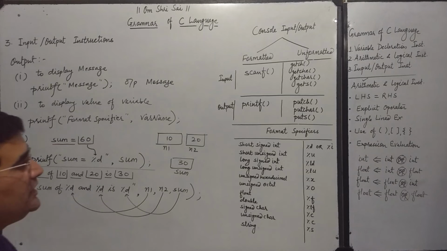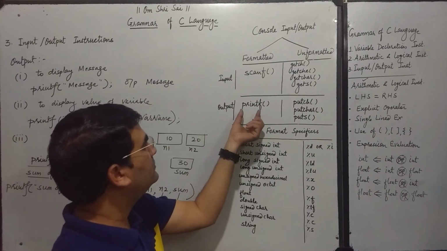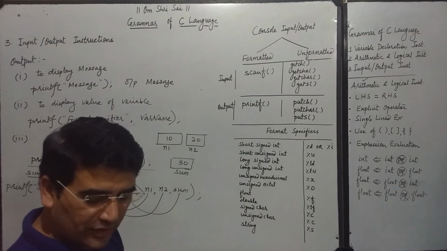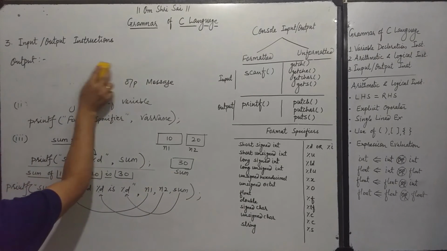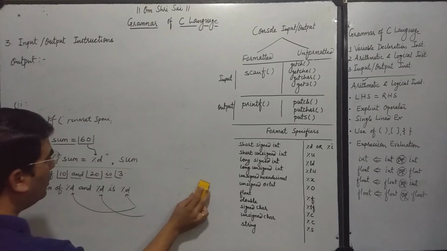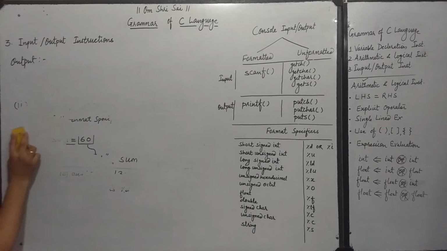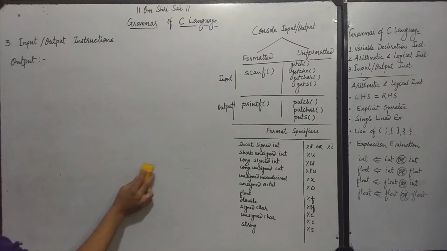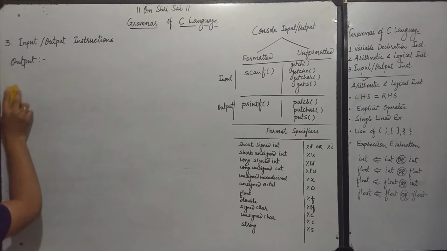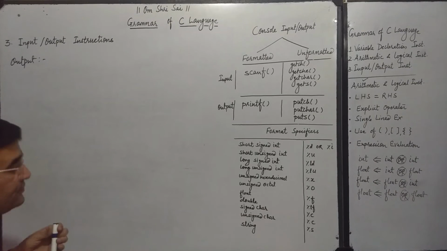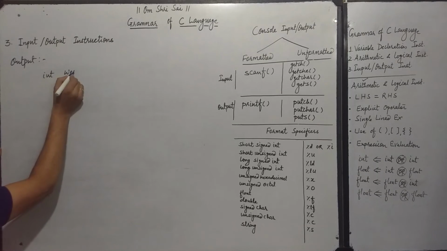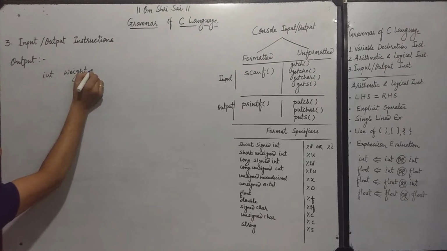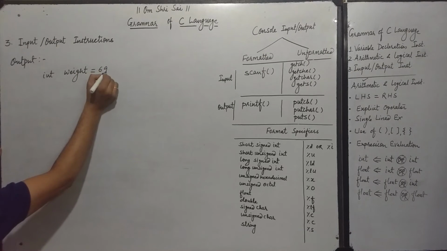Now we should see something about formatting, what this formatting is. Just to get an idea about formatting, let's take an example and then understand it with its help. Suppose I have a variable weight, and the content of this variable weight is 69.